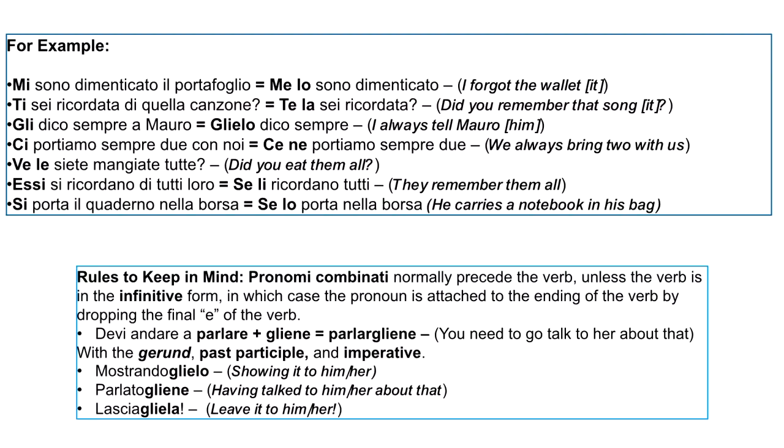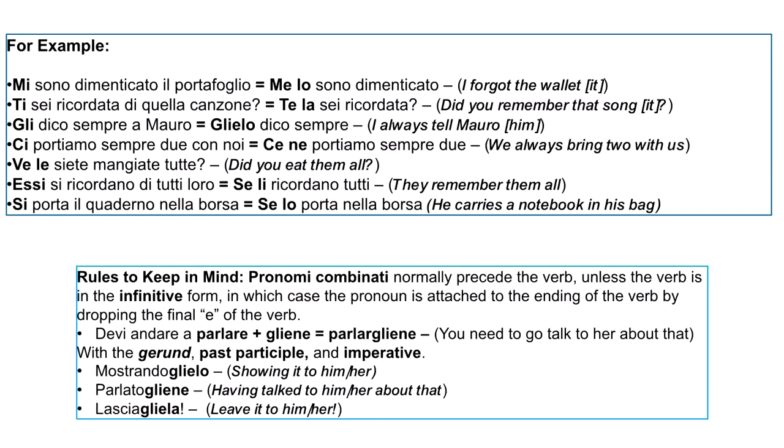Now, suppose that instead of Mauro, who is a man, we have Maria, who's a woman. Instead of saying glielo dico sempre, I would have to use glielo dico sempre. Oh, it's the same. You don't change it. Glielo dico a Mauro, glielo dico a Maria.